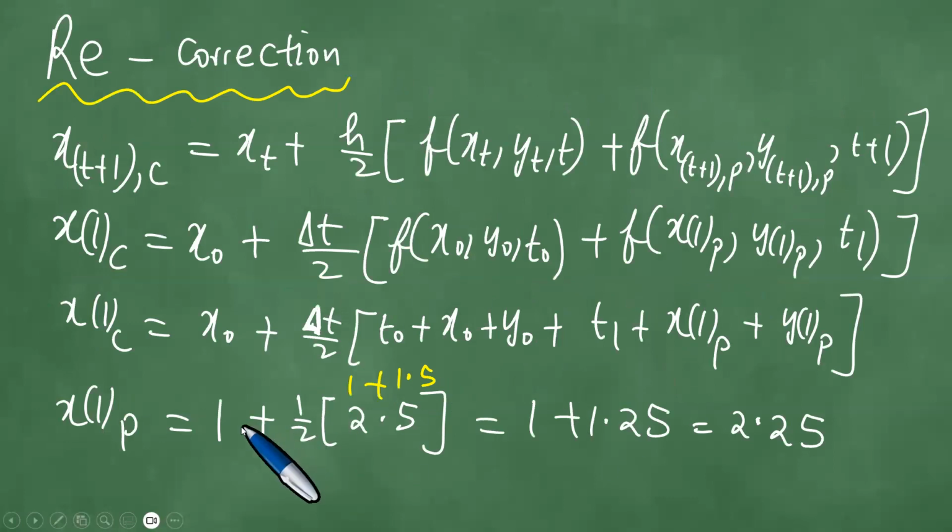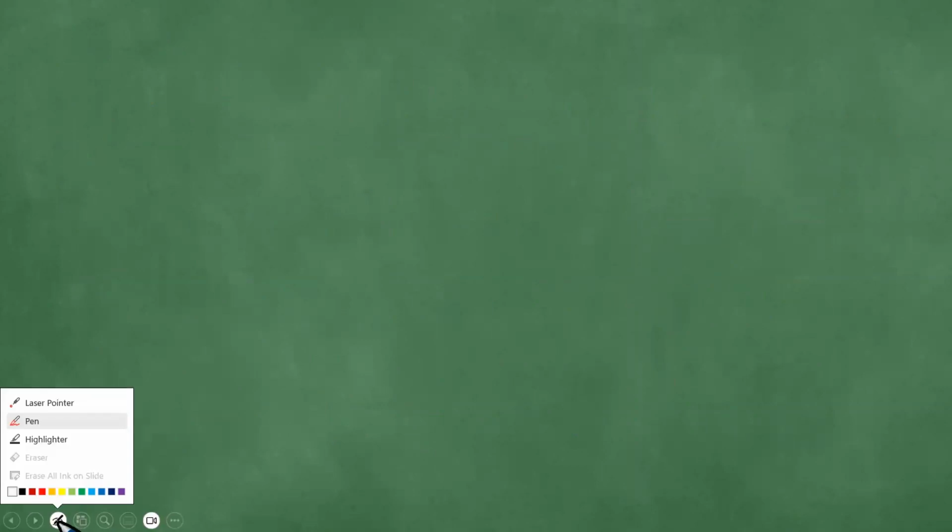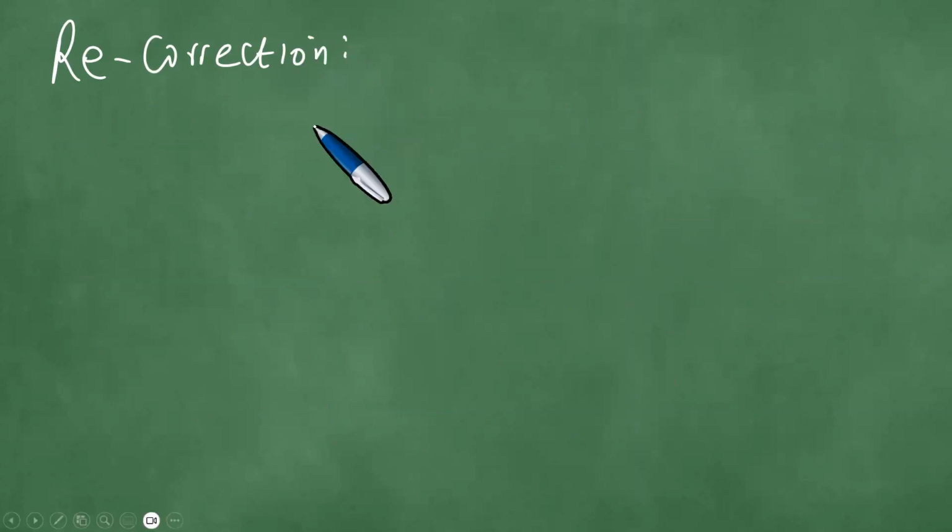Half of that plus the x0. Right, next, let's do the recorrection again for the y, please. So there's another recorrection.